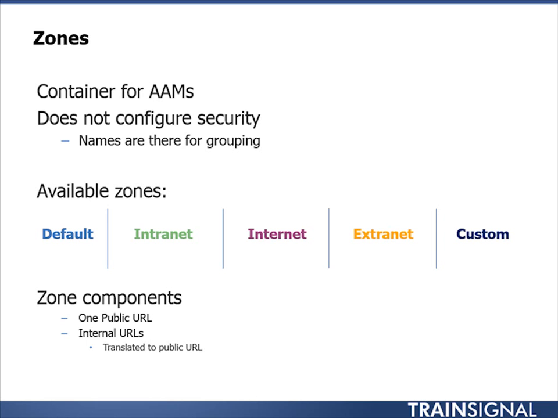Now, with the internal URLs, SharePoint will still respond on them, but you'll notice in the address bar that your URL will be rewritten to the public URL. So each zone, one public, that's the one that I want people to use, can have multiple internal. SharePoint will respond to them, but it will automatically rewrite them to that one public URL that I set up.